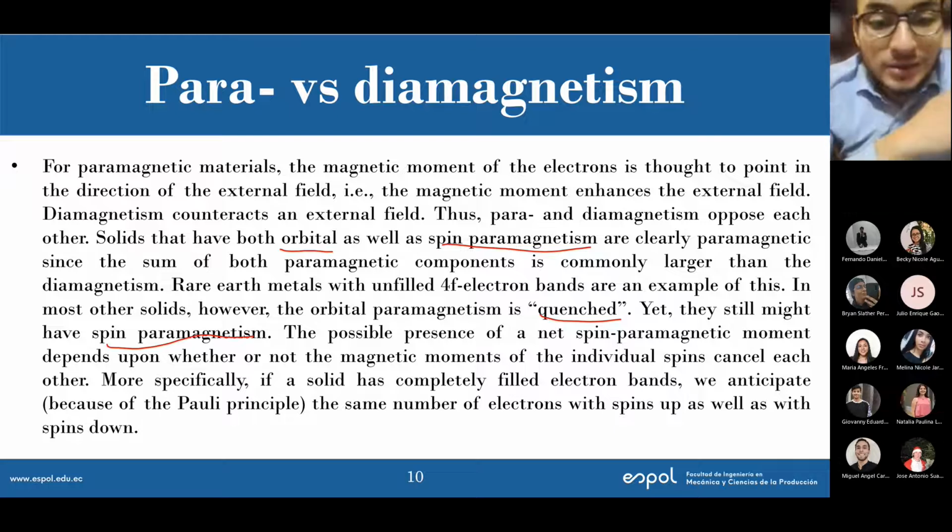Let's say a material that has completely filled electron bands. That material will have the same number of electrons with spins up and spins down, because it's filled. All the electron bands are full.